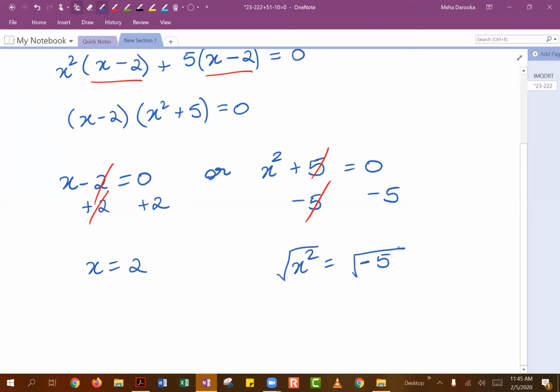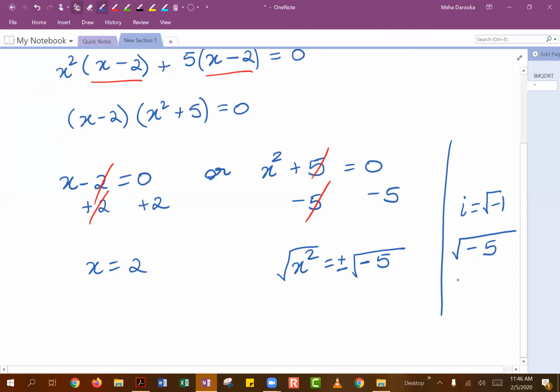Now remember, when you take a square root, you get one positive and one negative root out of that. So what kind of numbers are we looking into if you have the square root of negative 5? Yeah, remember? Yes, i, because we define i as the square root of negative 1. So your square root of negative 5 can be written as negative 1 times 5.